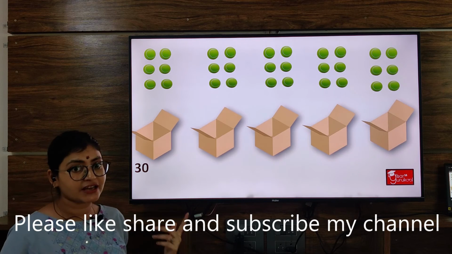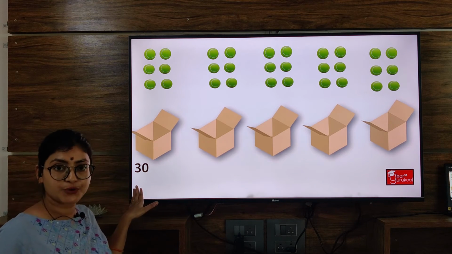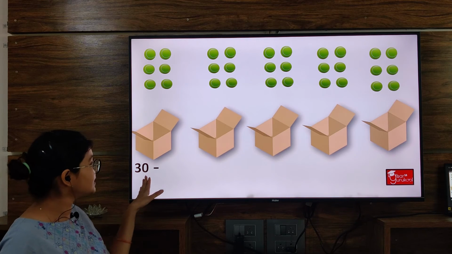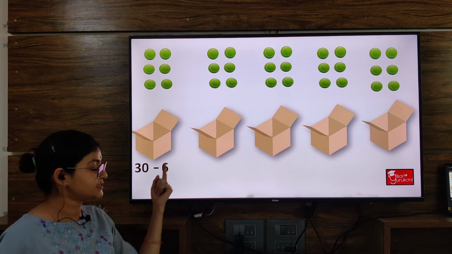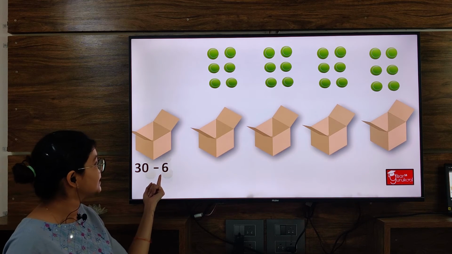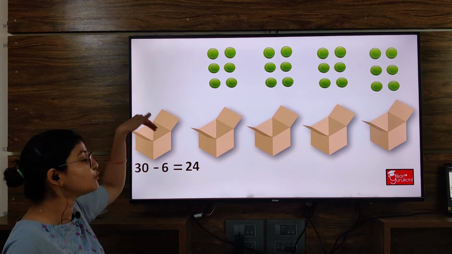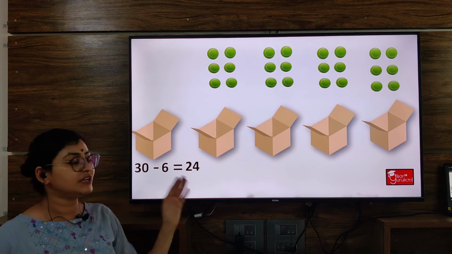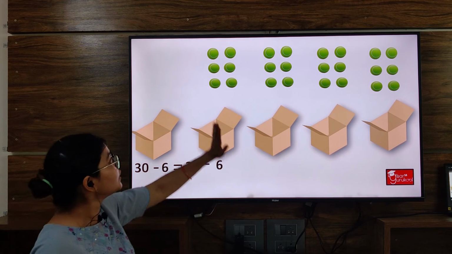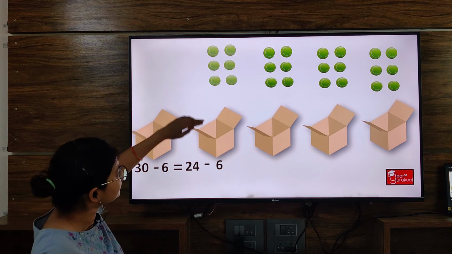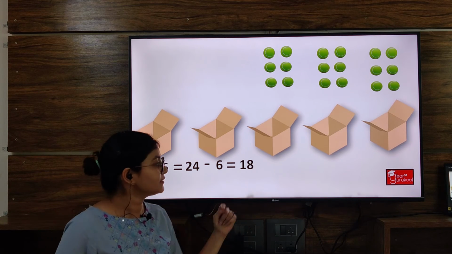So let's check if the division that we did was correct or not. 30 is the total number of balls. 30 minus the 6 balls that we put in the first box, so 30 minus 6 is 24. If I put 6 balls in the first box, I am left with 24 balls in all. Now I put 6 balls in the second box and I am left with 18 balls.